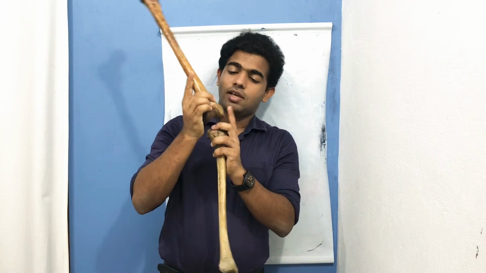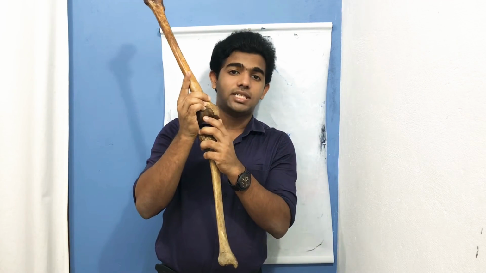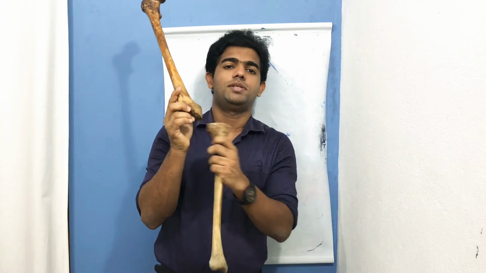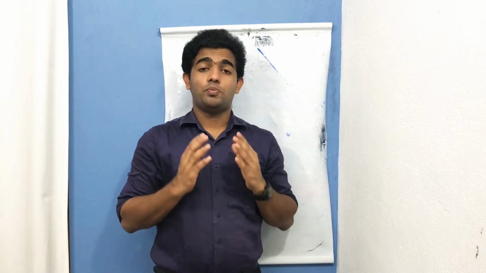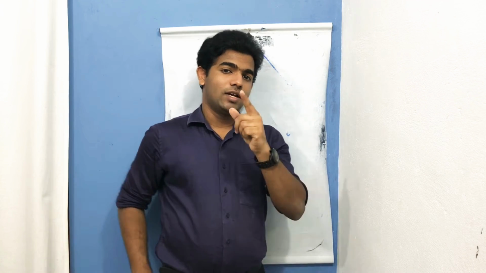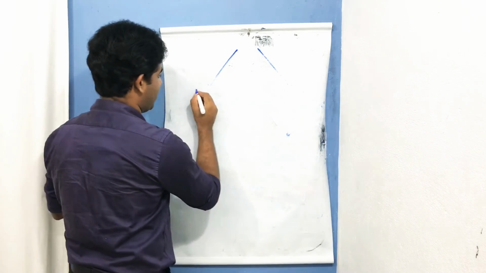For example, this is the femur, the inferior surface of the femur, it starts there and covers up to the superior surface of the tibia. So the knee joint capsule covers the superior surface of the tibia and the inferior surface of the femoral condyle in general.